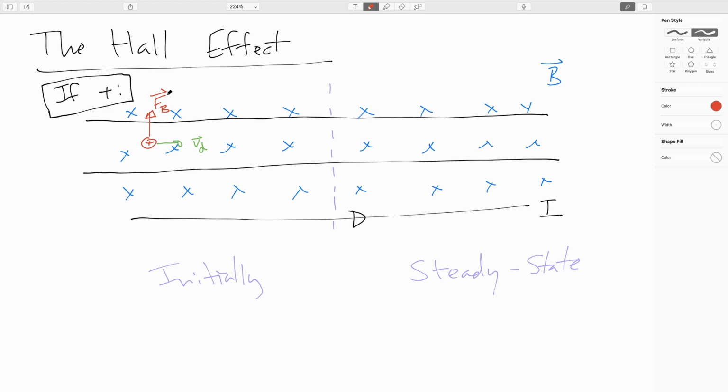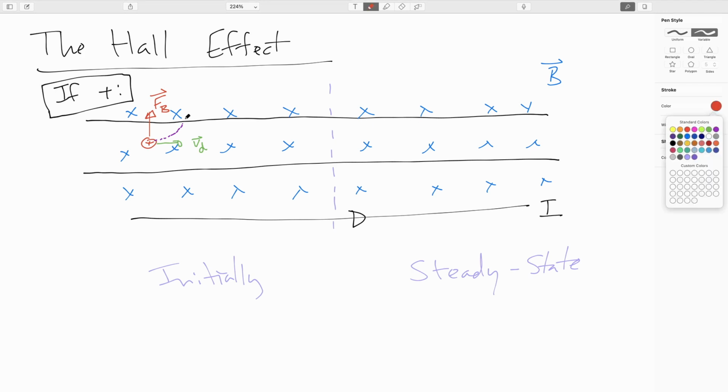All right, so we can think about what that's going to mean for the path that our charge carriers will follow. They're going to curve up. Then what's going to happen when they get to the end of our conducting strip here, or just our strip of charge carrier? Yeah, they literally don't have anywhere else to go.